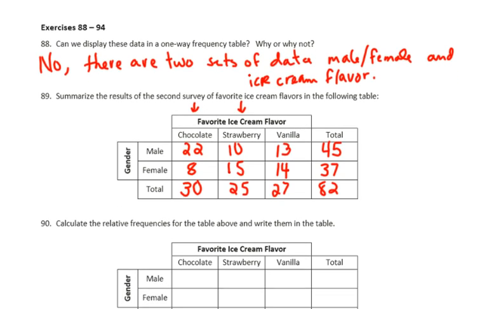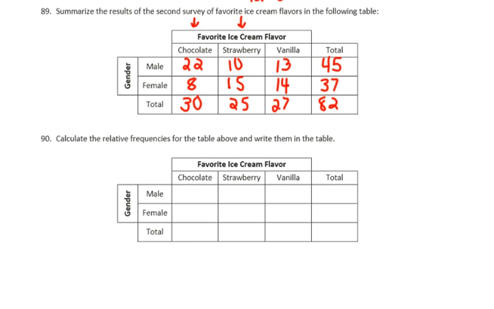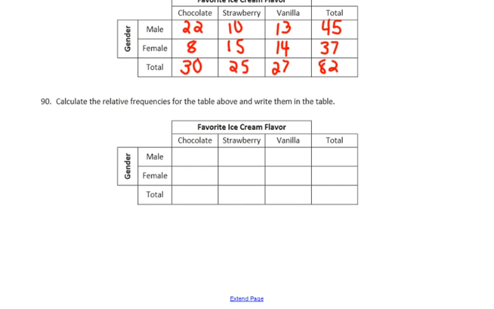Calculate the relative frequency for the table above and write them in the table below. So the relative frequency for males, how many males out of the total chose chocolate? That's 22 out of 82 students, which is approximately 0.27.